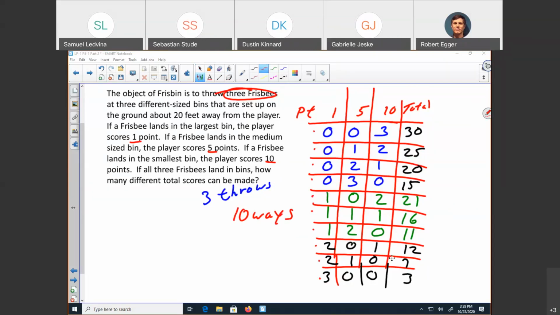Then when you score, also check for repeats. Do we have any duplicates up there? 30, I got 21, 20, 15, 16, 11, 12, 11. Yep, no duplicates.